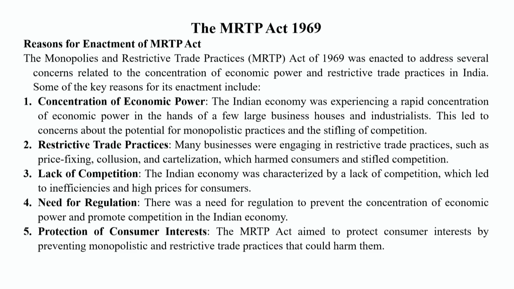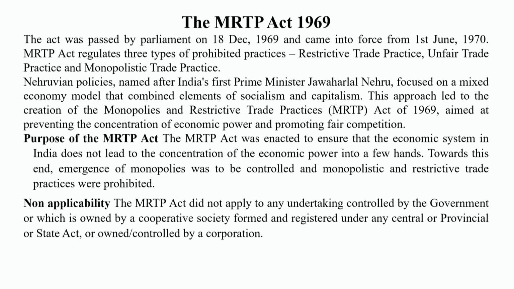There are many reasons, but these are some important reasons behind the enactment of the MRTP Act 1969. Because of these reasons, the Government of India was prompted to create the legislation of the MRTP Act.